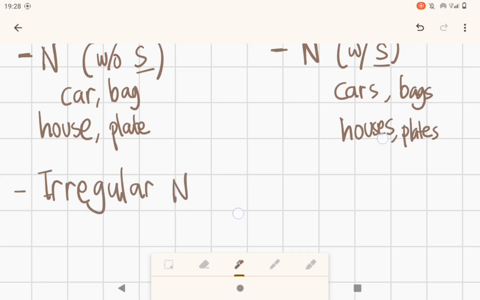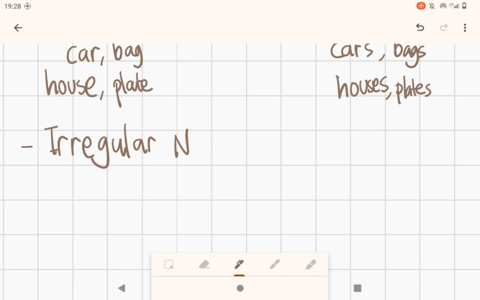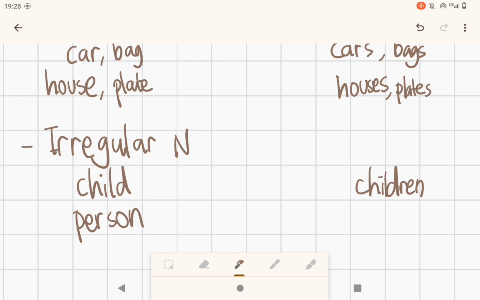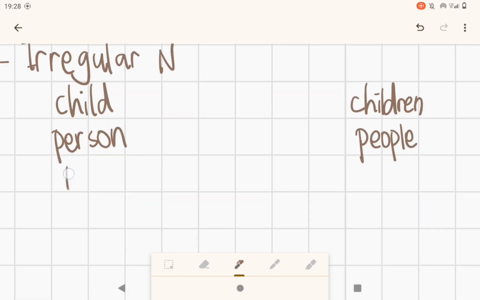the change from singular to plural is quite abstract. For example, child becomes children, and then person becomes people, or even man becomes men.